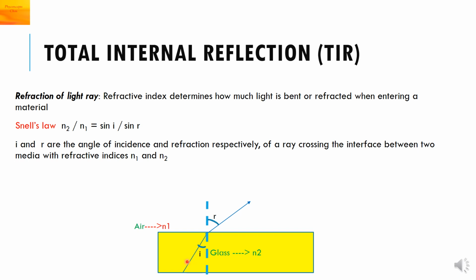Here the light is incident at an angle I, the angle of incidence with respect to this normal. And R is the angle of refraction when light comes out into the air. This is the interface between the two media with refractive indices N1 and N2.